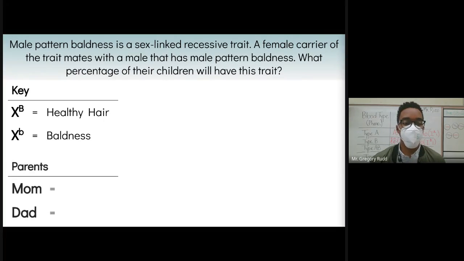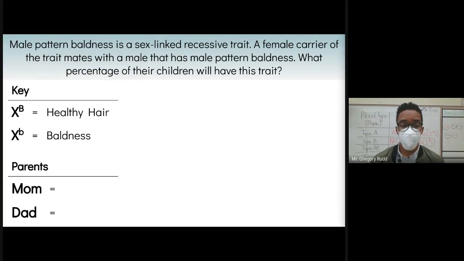We also need to know information about the parents for these sex-linked problems. So we want to know the genotype for the mom. What information does it tell us in the question about the mom? What does it say? What did you say, Lisa? She's a carrier.